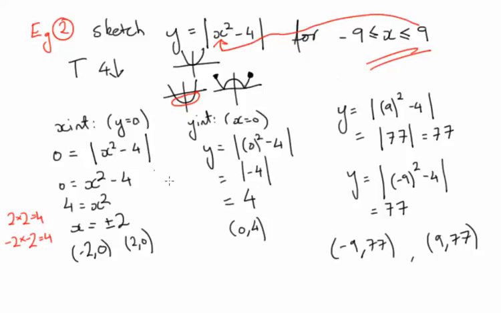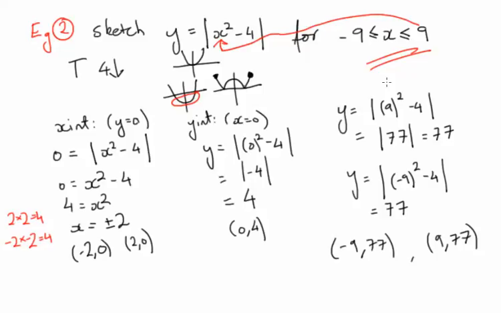Now you've figured out all your points for your graph. And you can see why the mini graph is useful because it tells you what points to look for. You're not trying to look for y-intercepts or x-intercepts that don't exist. You're always guaranteed, yep, I know exactly what points to go for, and you all know how to find those points. So that's why the mini graphs can be very useful.